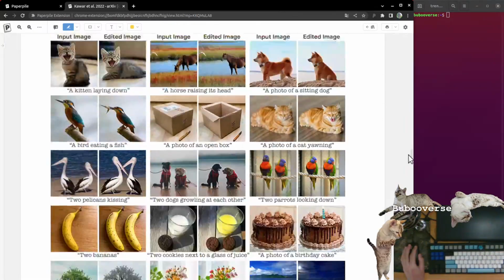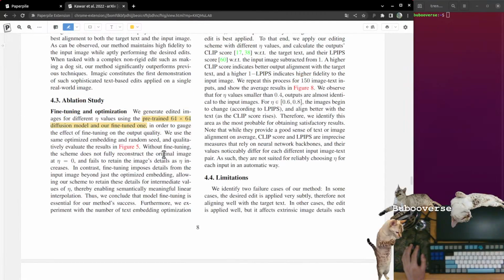So in here, they're trying to say, okay, how much is that giving us? Without fine-tuning, the scheme does not fully reconstruct the original image and fails to retain the image details as n increases. Fine-tuning imposes details from the input image beyond just the optimized embedding, allowing it to retain these details. Okay, so model fine-tuning is essential.